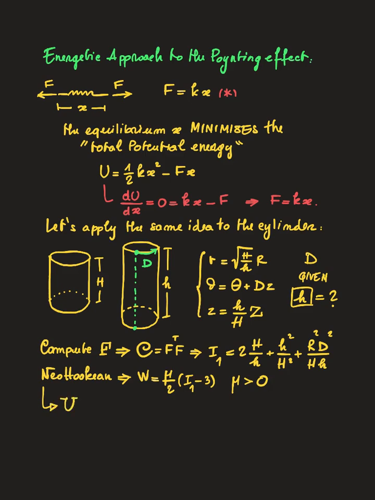The total energy is exactly the energy that I was discussing in this example of the spring. And how do you compute this energy? Well, this will be the integral over the region occupied by the cylinder. Let me just call this region B, which would be this region here, of the strain energy in dV, okay?